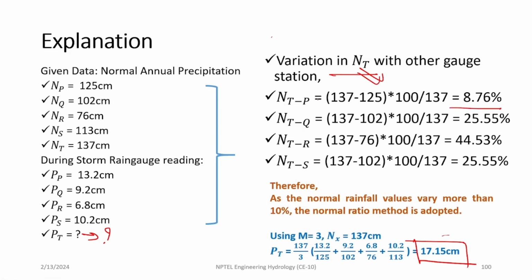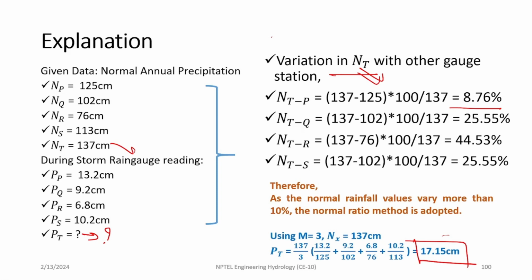Yes. Now you can see what values are coming, and whether it matches with yours. For NT, it is 137, and the divided values are already listed here for your reference. Balamurugan, I also want you to check your answer with this: 137 minus 125, into 100, divided by 137. So the first one is correct, 8.76. Good.